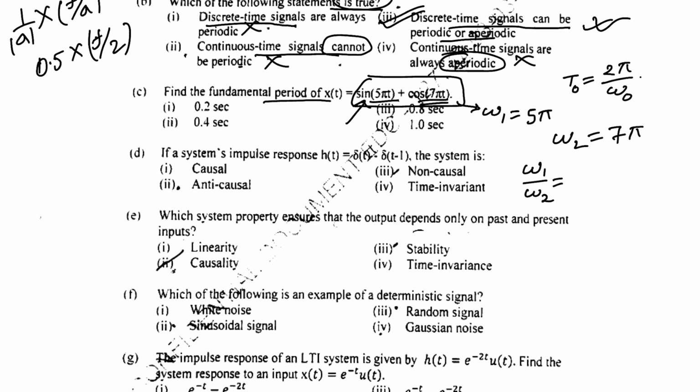Then we can say that x(t) is periodic. So ω1/ω2, how much will it be? 5π/7π, and this will be 5/7, which is obviously a rational number, and hence this x(t) is periodic.